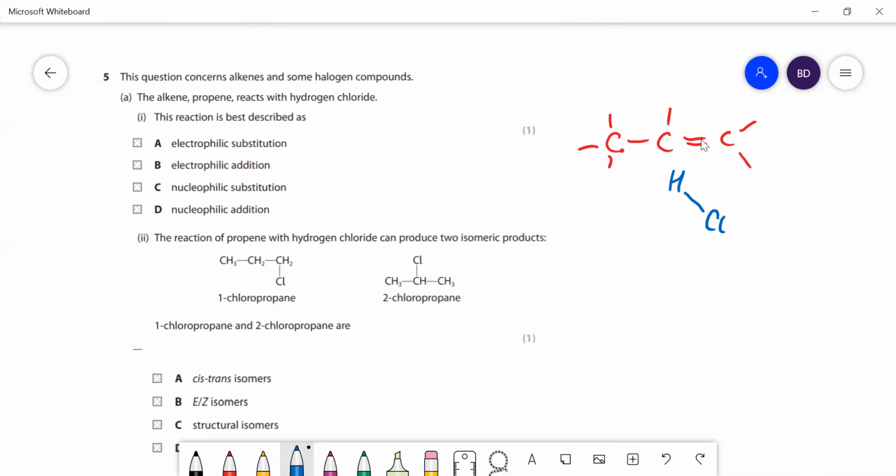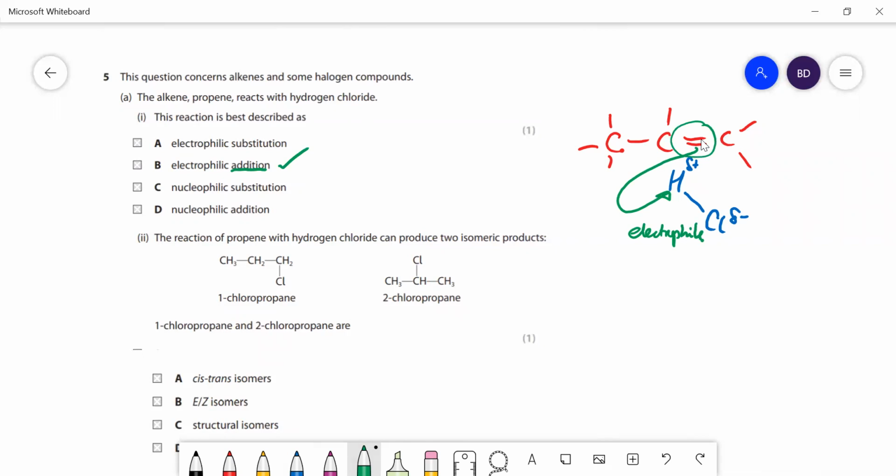So hydrogen chloride, you're going to have a partial positive charge on the hydrogen because of the electronegative chlorine, and the start of the reaction is the pi electrons jump onto that there. So it's electrophilic. This is an electrophile, and it is not substitution, it's addition. It's this one, because you end up breaking the double bond. So that is an addition reaction.